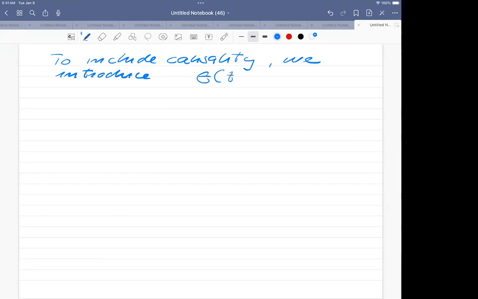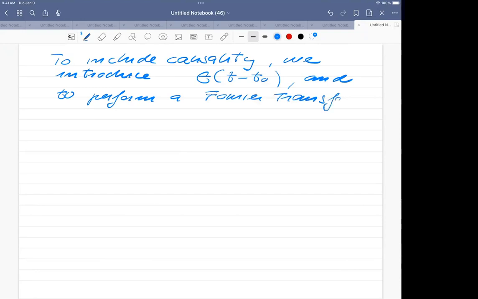So the theta function, the step function, of t minus t0. And we are going to perform a Fourier transform, which I will shorten to FT. So when you see this acronym FT, that's a Fourier transform. What I need is an equation for the theta function.